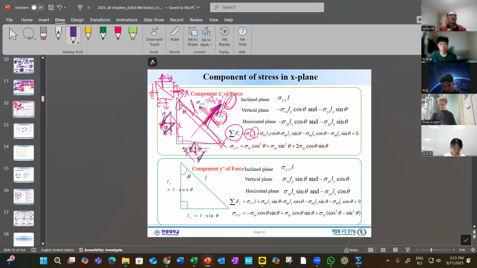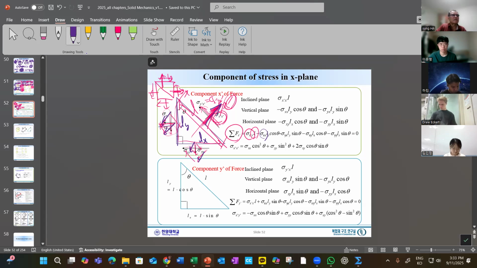That's why you have sigma xx. Where is the sigma xx? Sigma xx, for example, like this. Sigma xx times ly. Let's call these ly and lx.